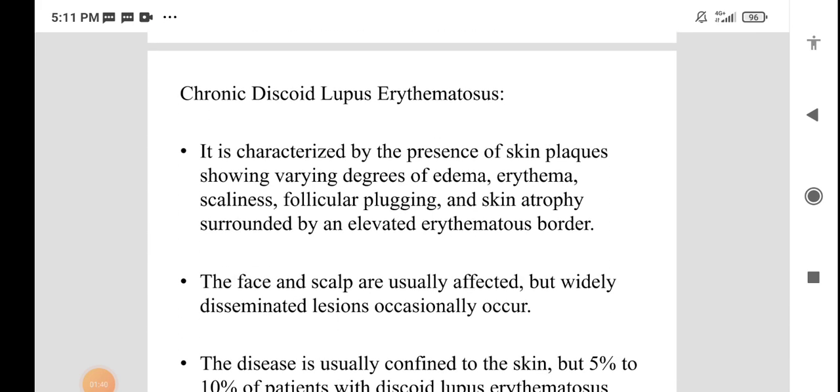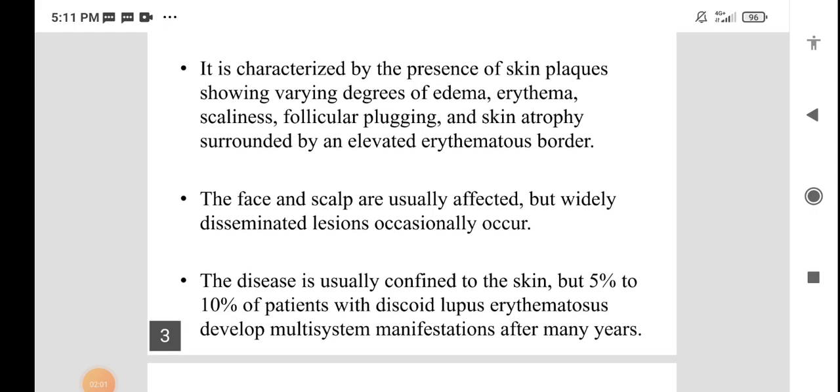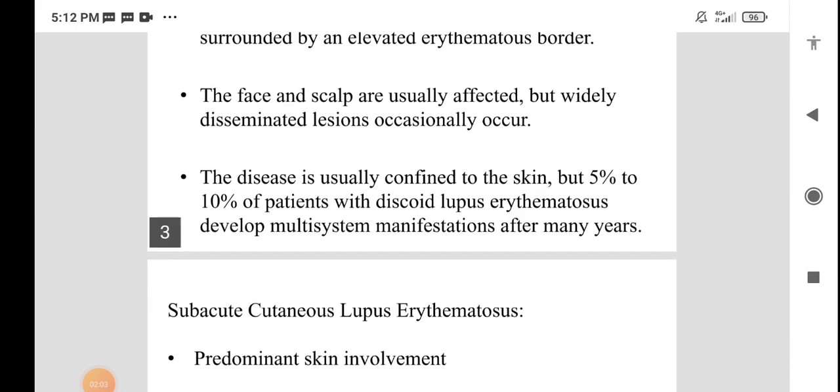Coming to chronic discoid lupus erythematosus, it is characterized by the presence of skin plaques showing varying degrees of edema, erythema, scaliness, follicular plugging, and skin atrophy, surrounded by elevated erythematous borders. The face and scalp are usually affected, but widely disseminated lesions occasionally occur.